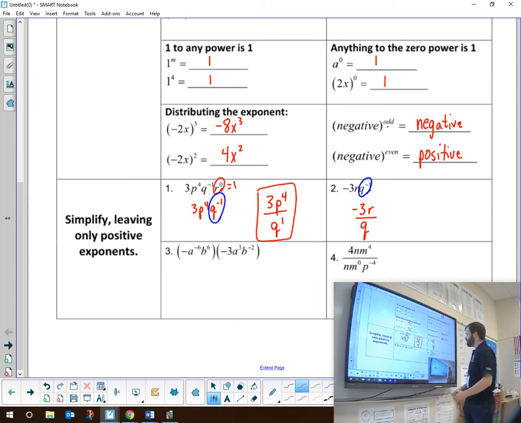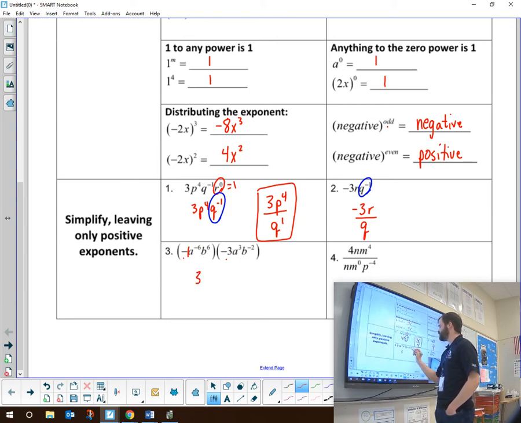All right, let's take a look at number 3 here. We're going to be multiplying these together. We're going to multiply my whole numbers together, and we're going to multiply each of the same type of letter together. I have an invisible 1 right here, so negative 1 times negative 3 is going to be a positive 3.